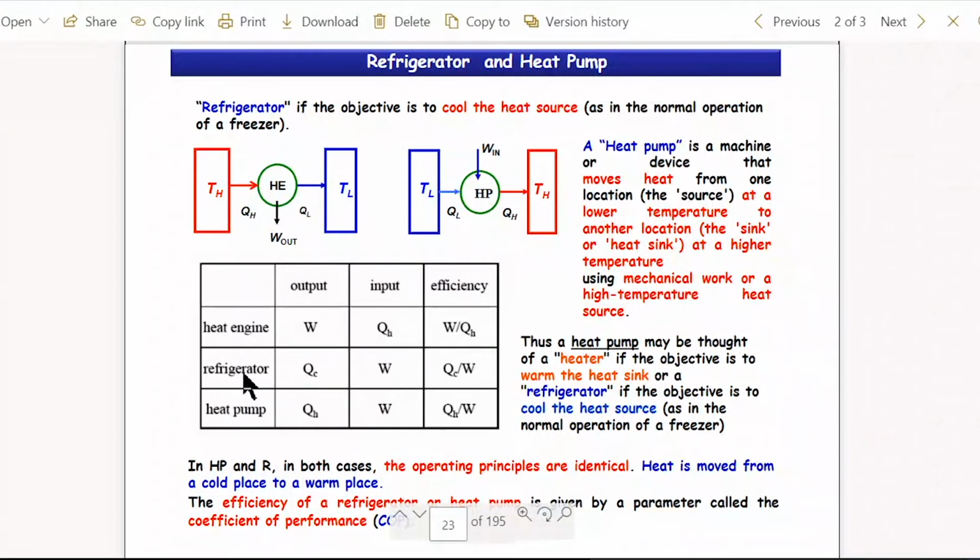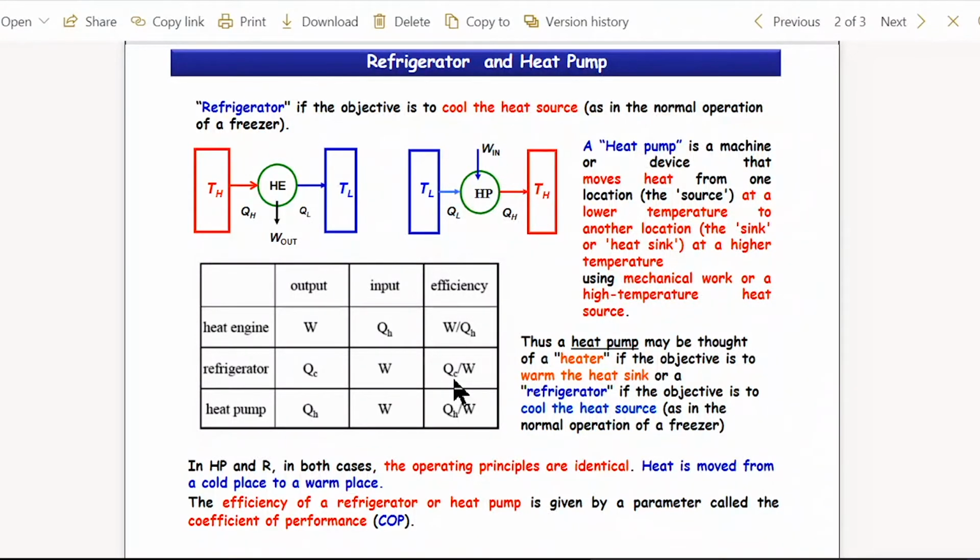But when we are talking about a refrigerator, we are trying to take away an amount of heat at lower temperature and cool a place, and in the process we have to do some work. So work is our input, while we are getting some amount of heat at the lower temperature as the output.